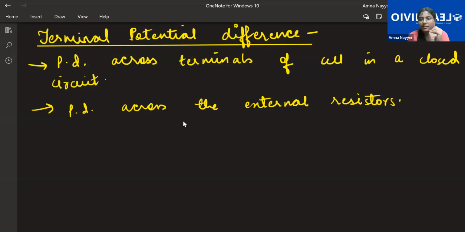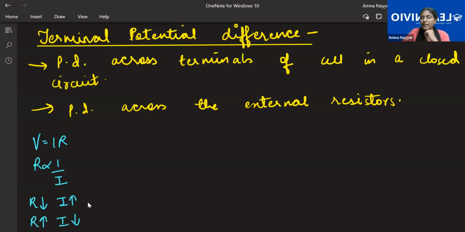See, V is equal to IR, so resistance and current are inversely proportional. If I decrease the resistance, my current will automatically increase, and if I increase the resistance, current will automatically decrease. So in order to solve all these, we have the external resistors and according to our wish, we can put them.